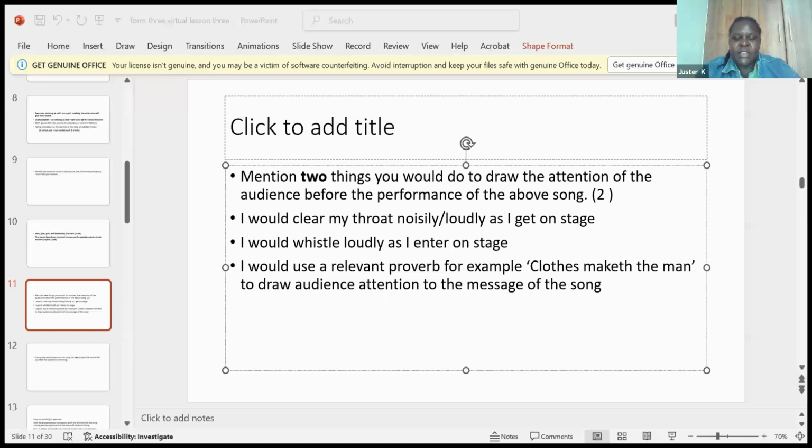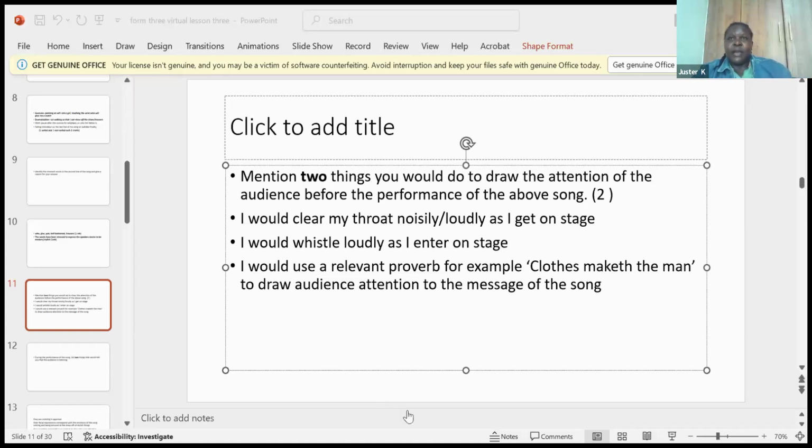The message of the song is on dressing and looking stylish. So if you're saying I would use a relevant trio, give that trio so that we see how relevant it is to the song. Those answers you can use, yes, but you must contextualize.